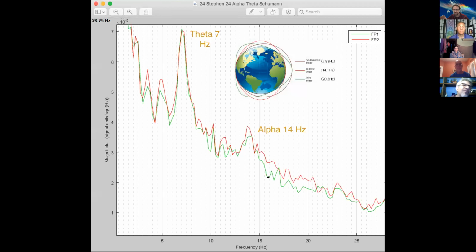The fundamental orchestral arrangement, the melody that was playing in my brain all the way through, was pretty much what Kevin's been talking about here: that theta was there all the time, at around 7 hertz, 7.6 hertz. Kiefer made the joke that my brain looked like the Schumann resonance, because it had theta all the time at about 7.6 and alpha all the time at about 14 hertz.